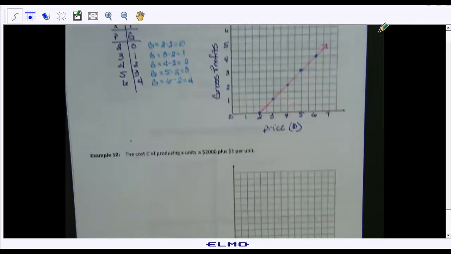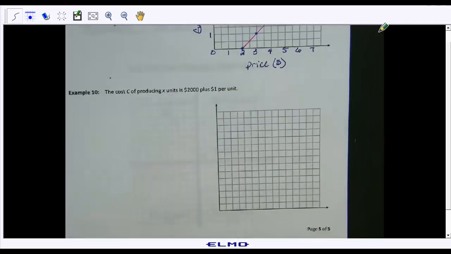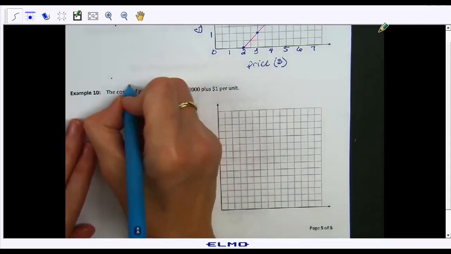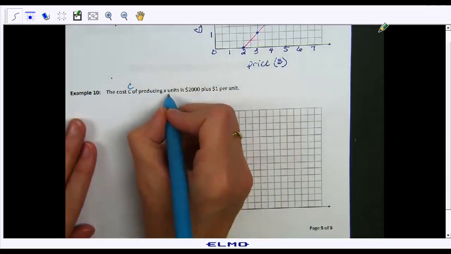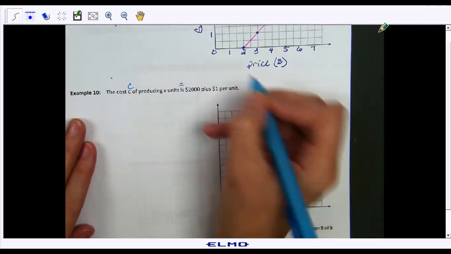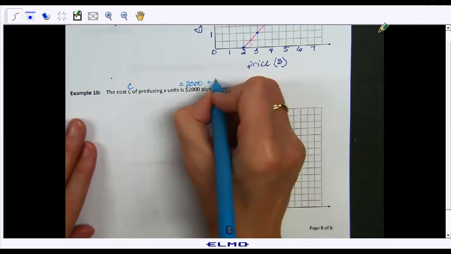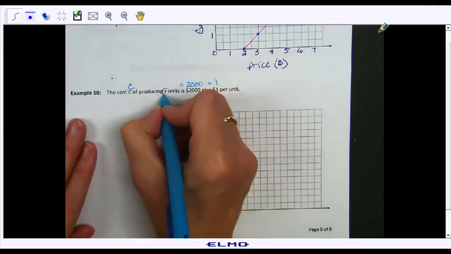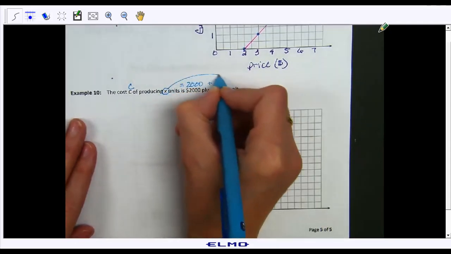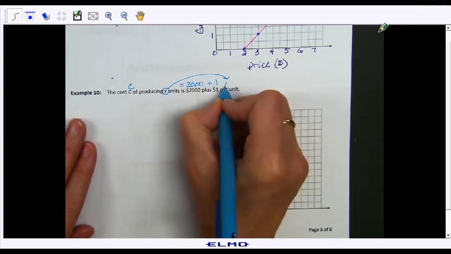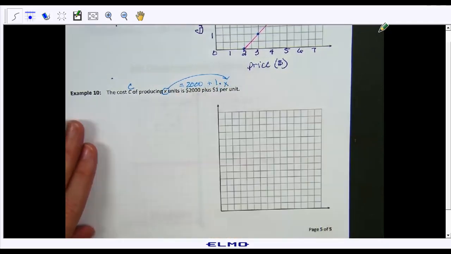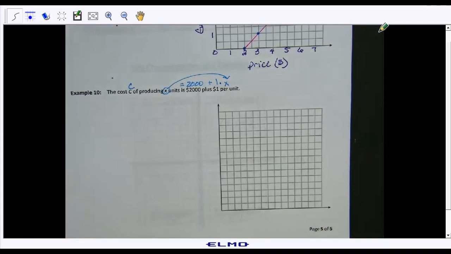It says the cost C of producing X units is $2,000 plus $1 per unit. So let's look at this. The cost C of producing X units is $2,000 plus $1 per unit, and they're telling us that the unit is X. And per means to multiply those two together, okay?